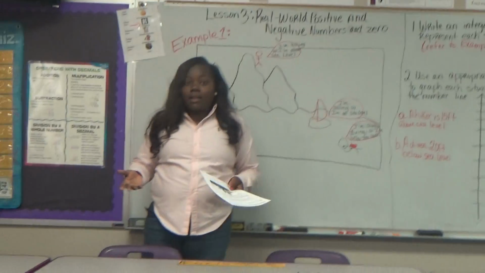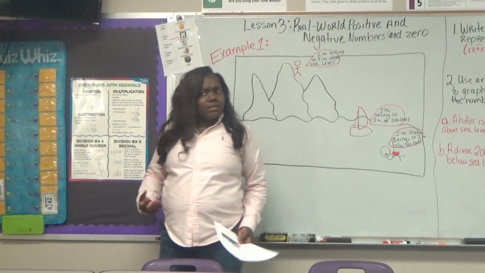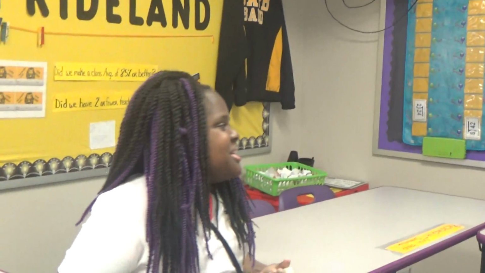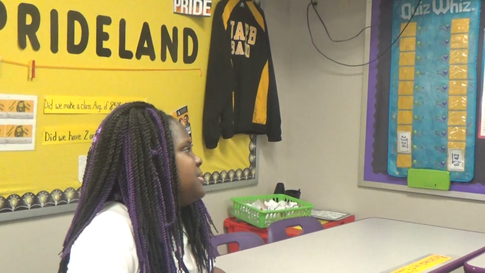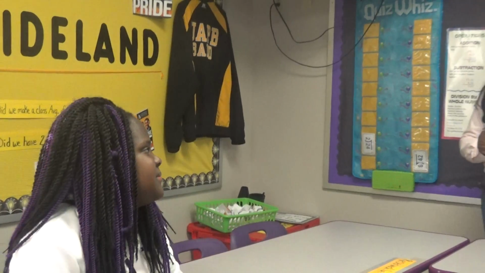Ariel, what is elevation to you? Well, when I think of elevate, I think of an elevator, and the elevator usually goes up. Alright, so elevation sounds like the word elevators, and elevators usually go up, but elevators can come down too, right? Yeah. Okay, what do you think, Aria? Elevation, you can either go higher or you can get lower. Okay, so you can go higher or you can get lower.